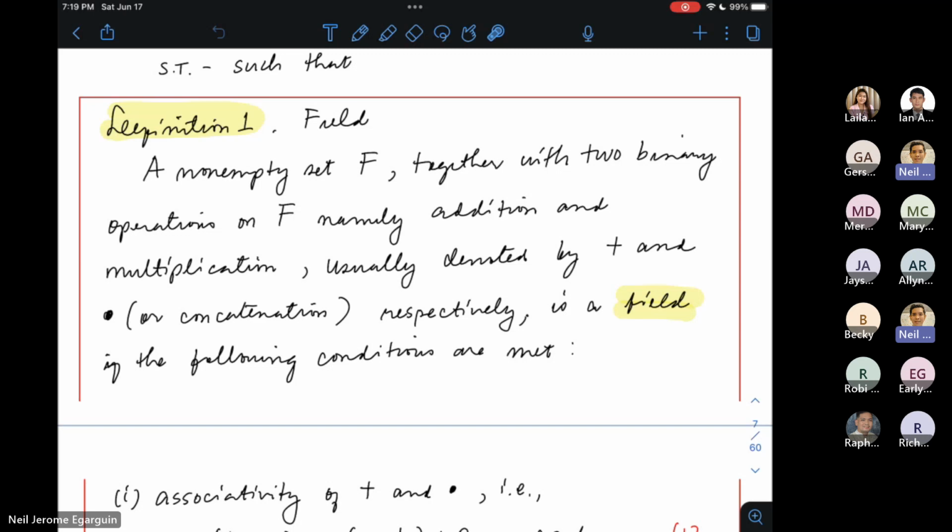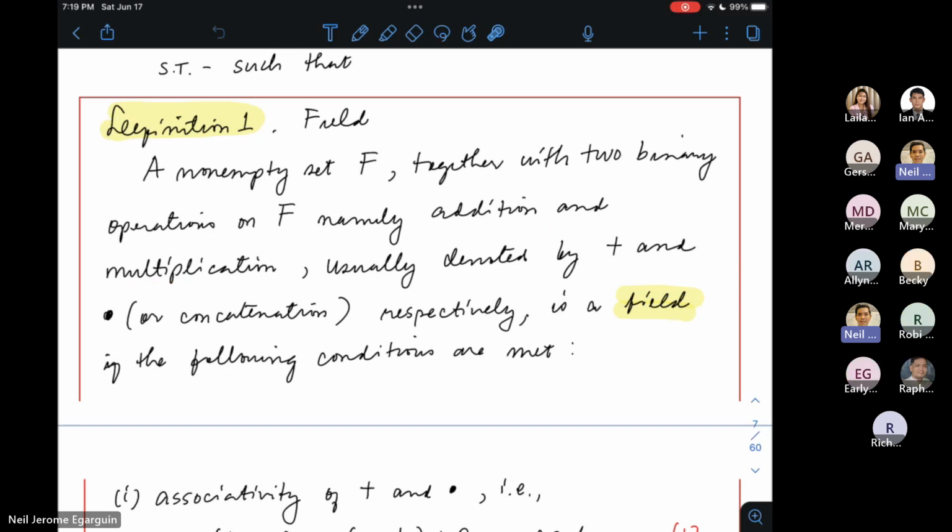And that operation is a binary operation kasi two at a time yung pinag-ooperate na members ng set F. For a field, kailangan natin ng dalawang binary operation. Usually, ang tawag natin sa mga binary operations na yun ay addition and multiplication.